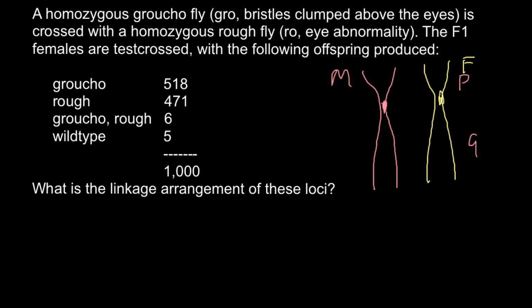And imagine that we have different alleles. For example, here we may have capital A, and here we may have small a, and for example here we may have capital B, and here we may have small b.